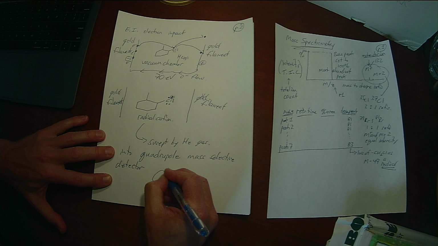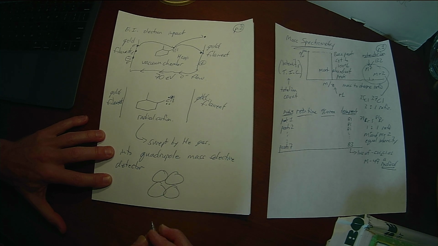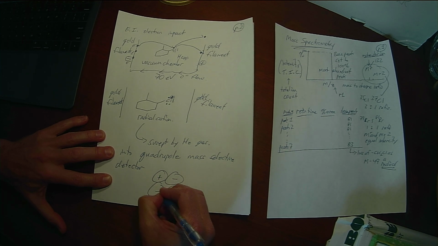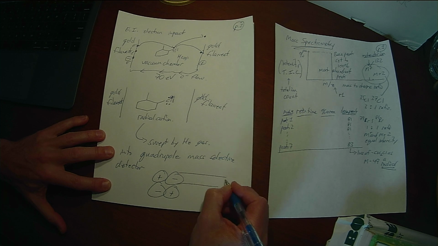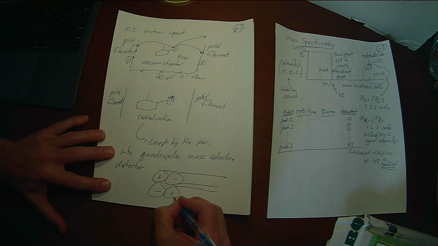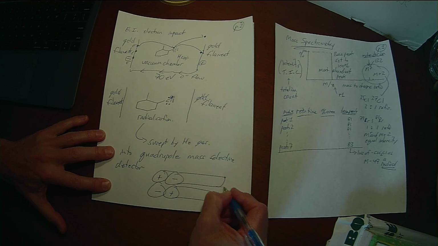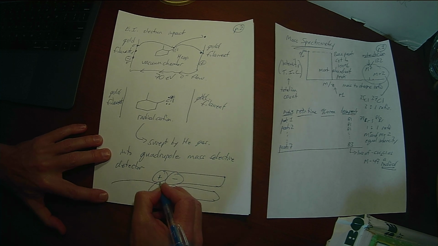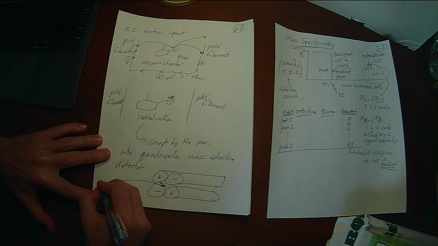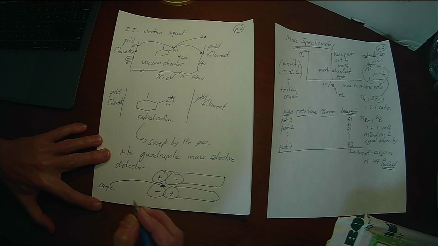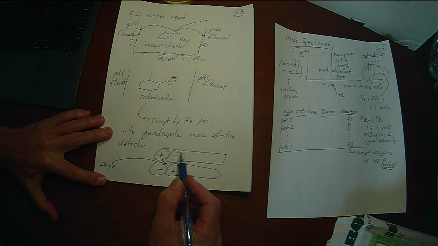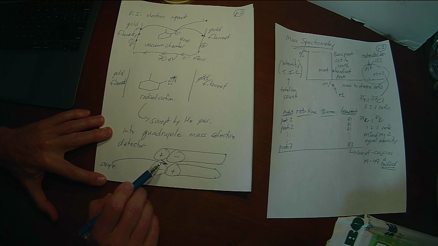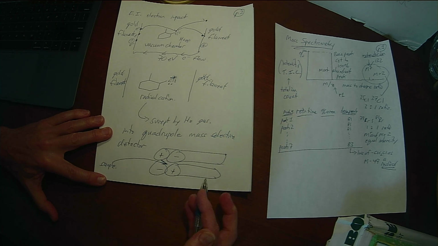The quadrupole mass selective detector is a series of metal rods that are a certain length, and the degree of separating power depends on the length of the rods. So what we're doing is sweeping our sample into that space between the rods, and we're adjusting the charge on these so that the sample, as it starts getting attracted to the negatively charged rod, won't quite hit it, and then we'll switch, right?